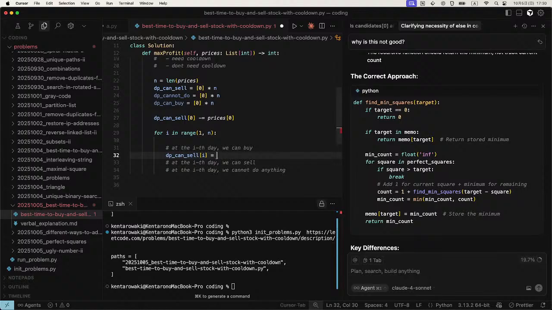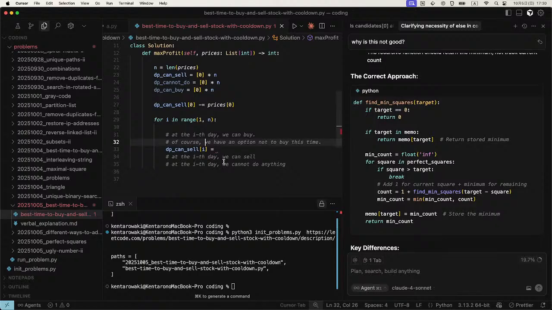We can buy, yeah, but of course we have an option not to buy this time, of course.